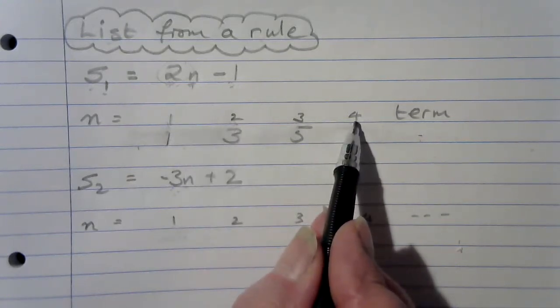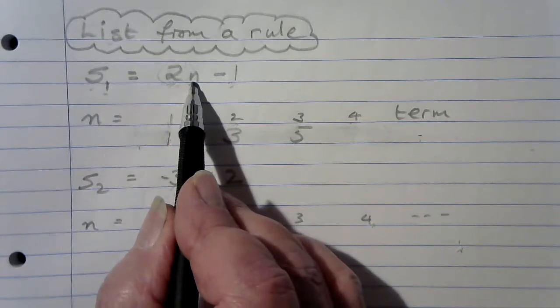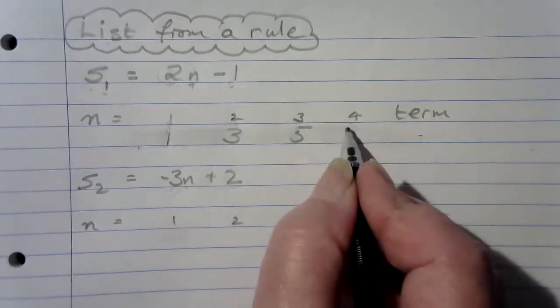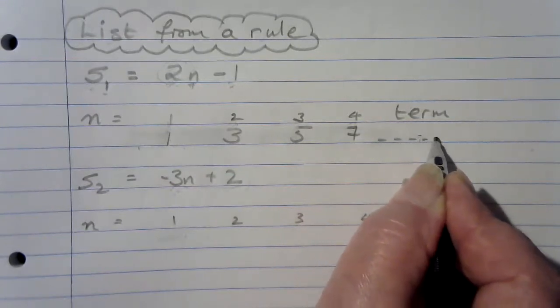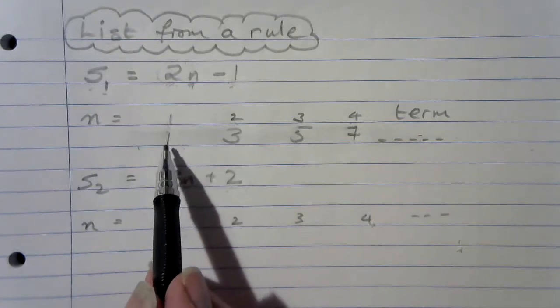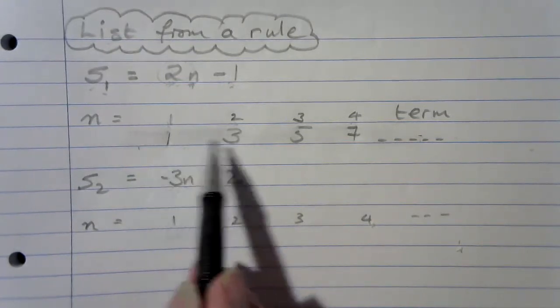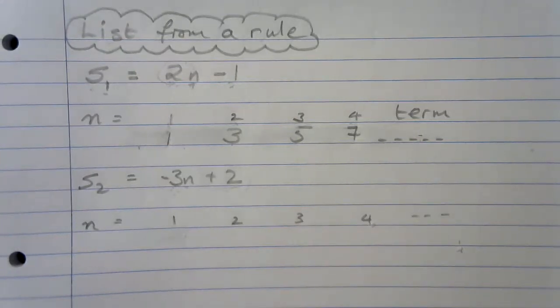Let's just check it anyway. So I've got 2 times 4, 8, minus 1 is 7. And of course the terms go on and on, they don't stop anywhere. So you'll notice here we've got the set of odd numbers 1, 3, 5, 7, and it carries on.